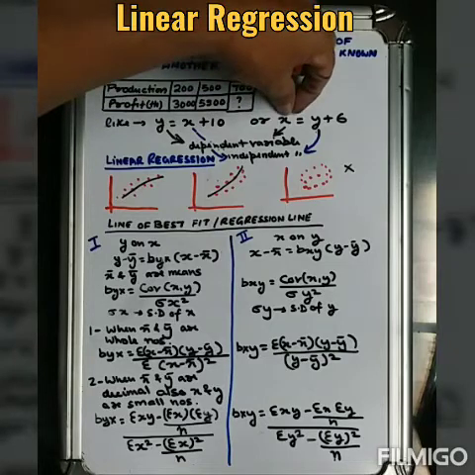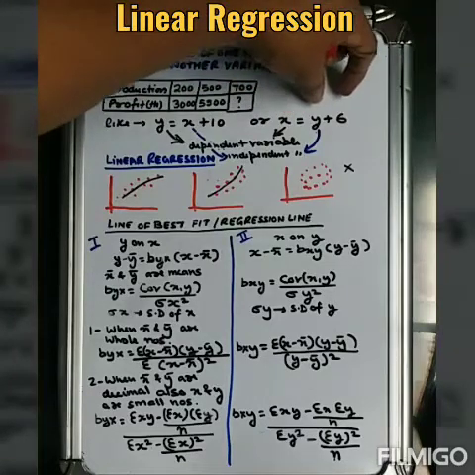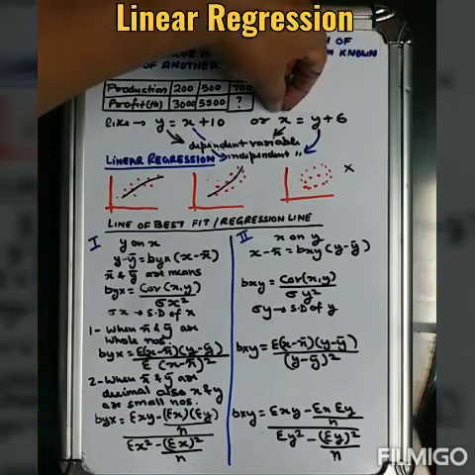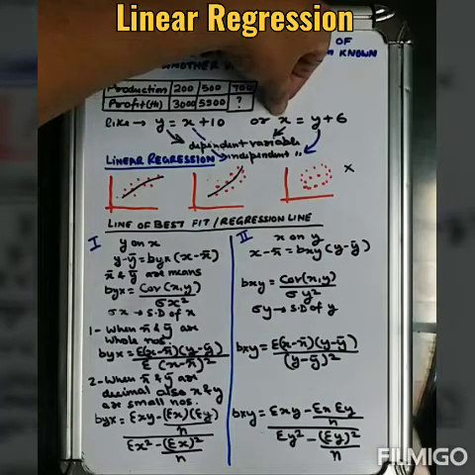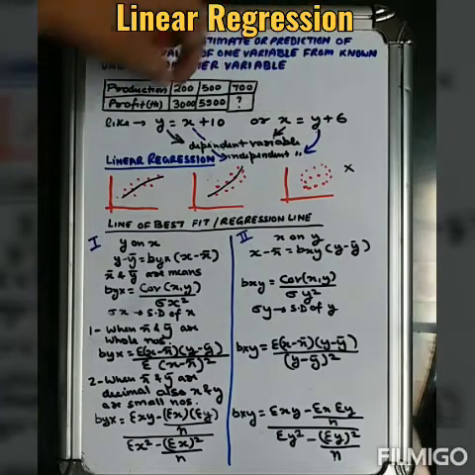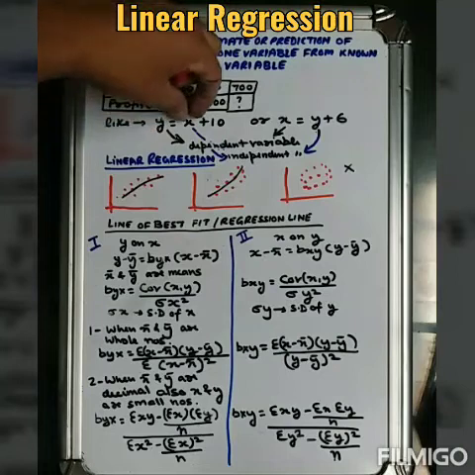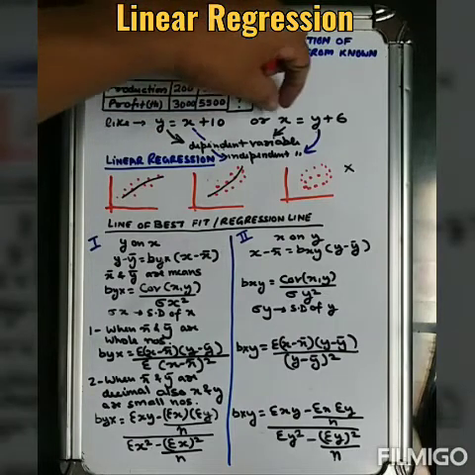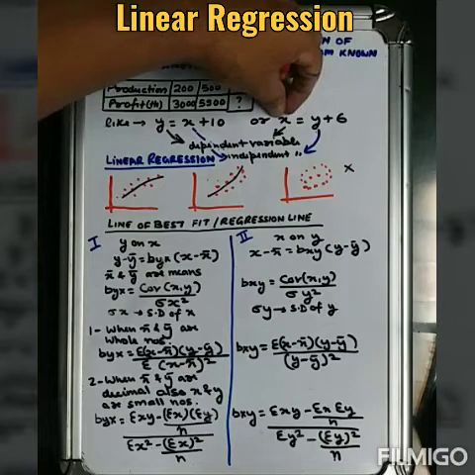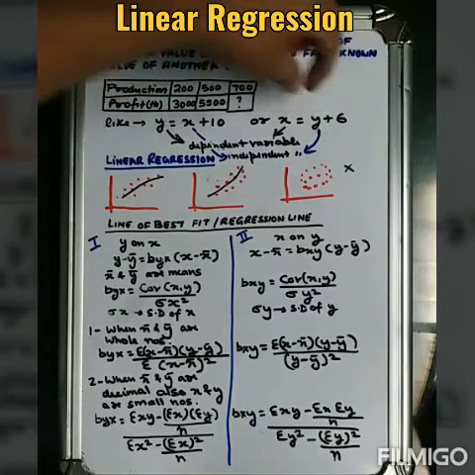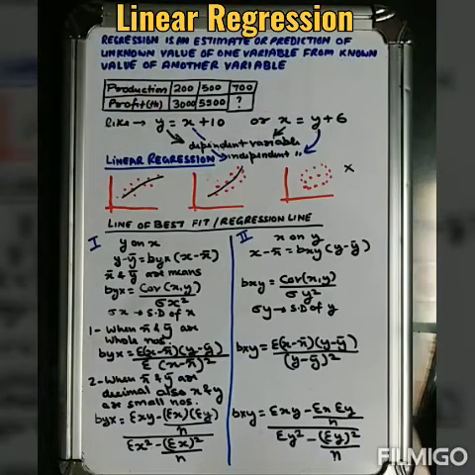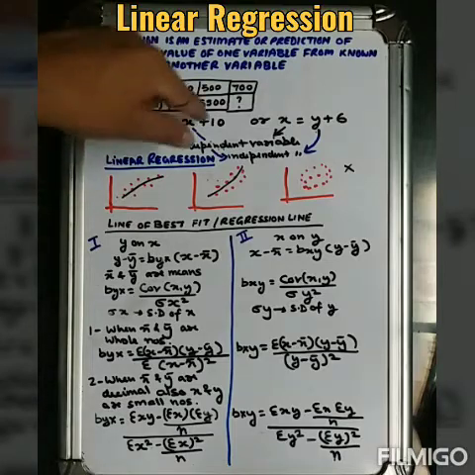Same way, when x is the subject and y is on the other side, then x is called the dependent variable. This is dependent on this, so this is independent. This is dependent on this, so this is dependent, and this is independent. Clear? So these two are connected.